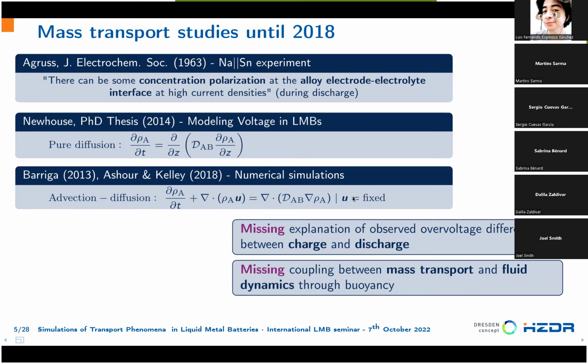This model used a fixed velocity, and therefore it is missing the coupling that there is between mass transport and fluid dynamics, and this coupling is thanks to buoyancy, as we will discuss later. So we have two goals. We have to solve these two missing points in the following part.